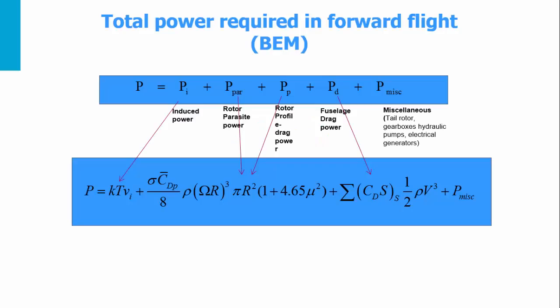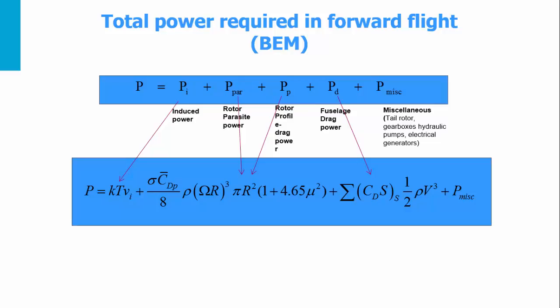Now, if we finally sum all these powers, we obtain the total power required in forward flight as induced power plus rotor parasite power plus the rotor profile drag power plus the fuselage drag power and plus losses due to the tail rotor, gearboxes, hydraulic pumps or electrical generators.